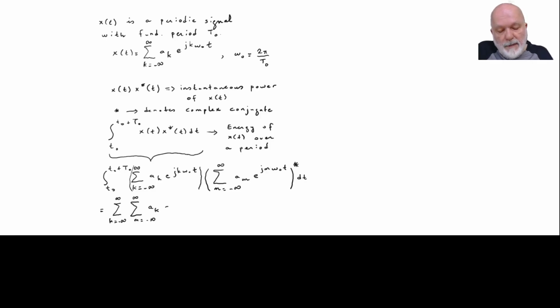So we have am conjugate, and then we have the integral from t0 to t0 plus capital T0 of e to j k omega 0 t and e to minus j m omega 0 t integrated with respect to t.